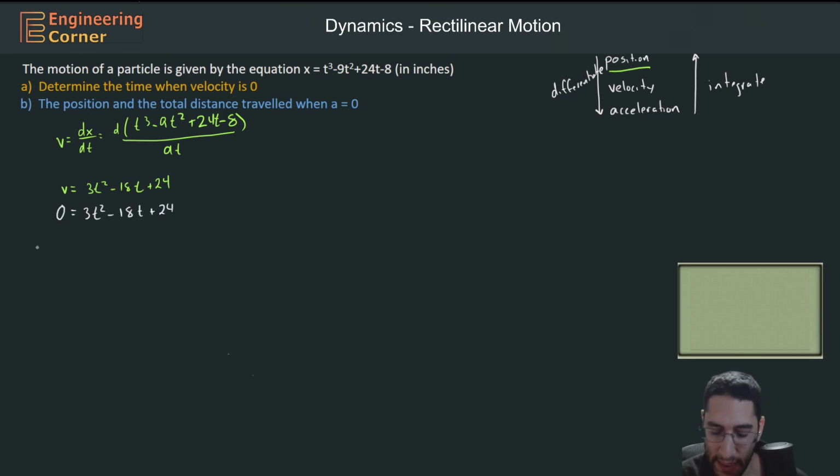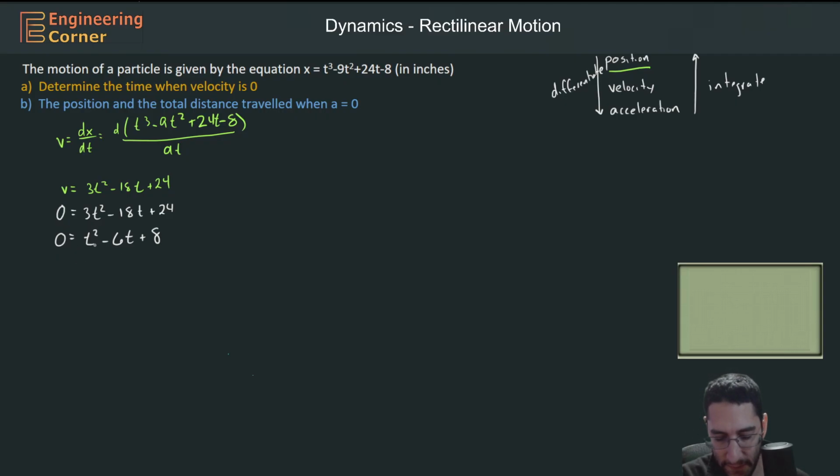What we can do is take a 3 right out. So we'll have 0 is equal to t squared minus 6t plus 8. And now we just have to solve this quadratic.